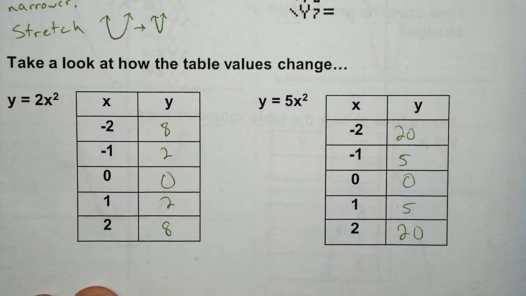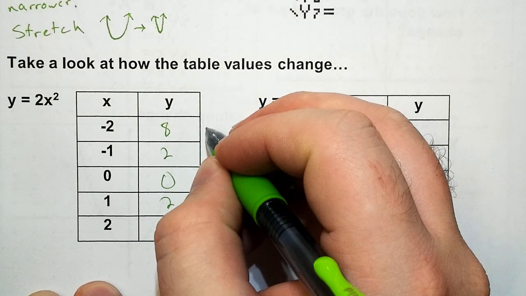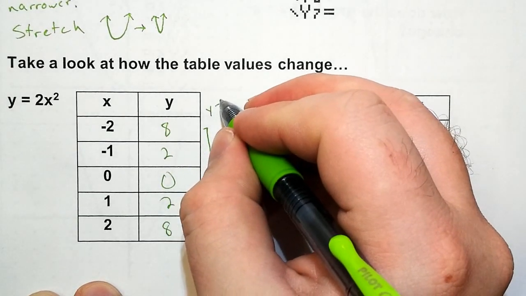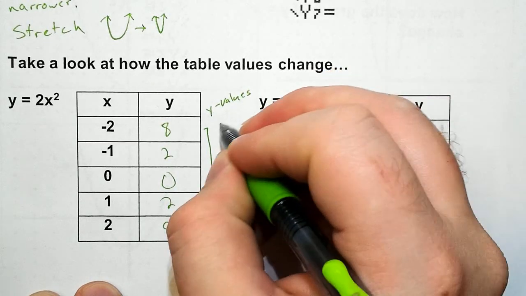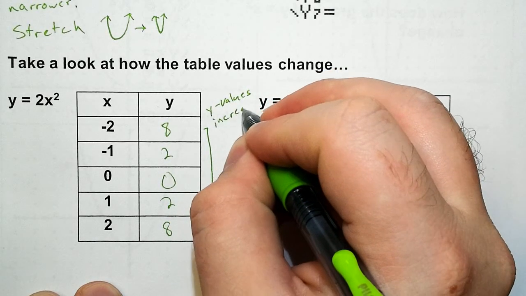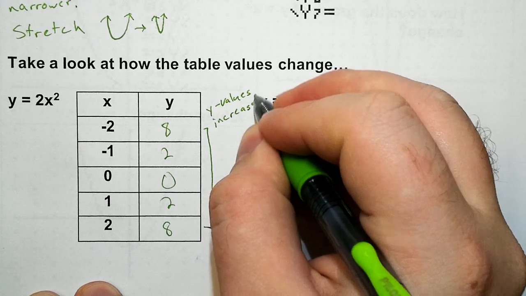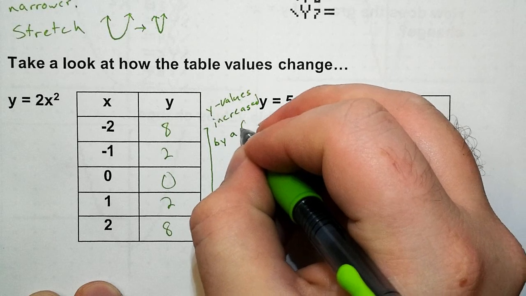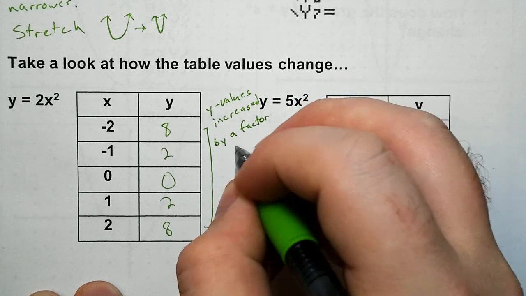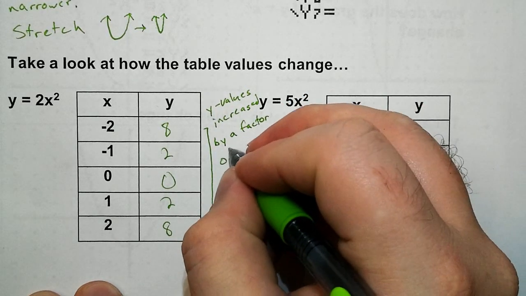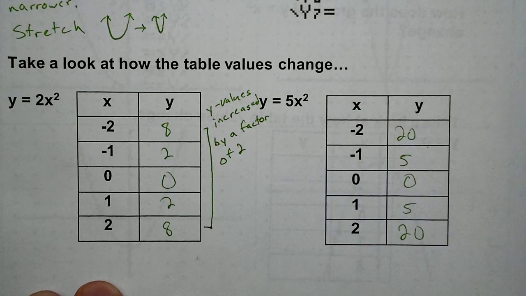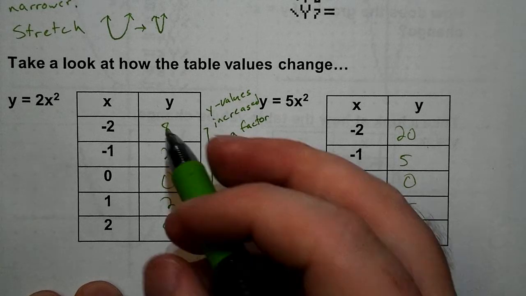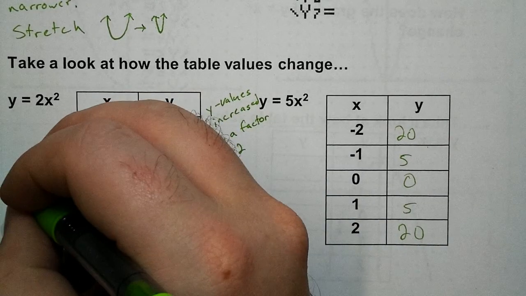So each time the y values increase by 2. And we'll say factor so we remember it's multiply. But our vertex was still at 0, 0, so this one didn't change.